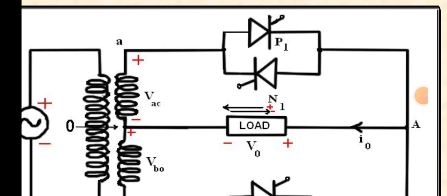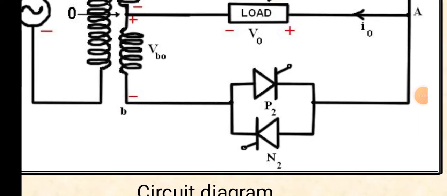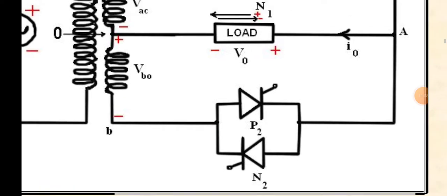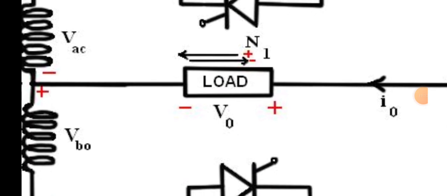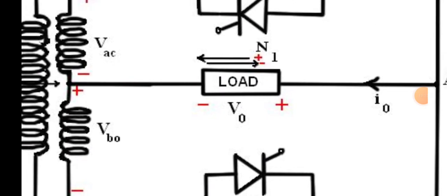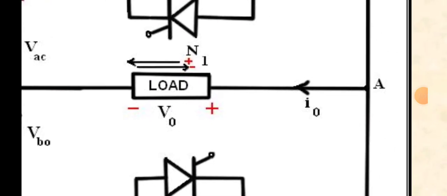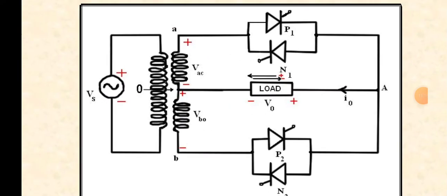The small a terminal will be connected to P1 and N1, the positive and negative group thyristors. And also terminal B will be connected to P2 and N2, positive and negative group thyristors. And also it has the load, the output voltage V0, and here also the output current, and here is the terminal A.